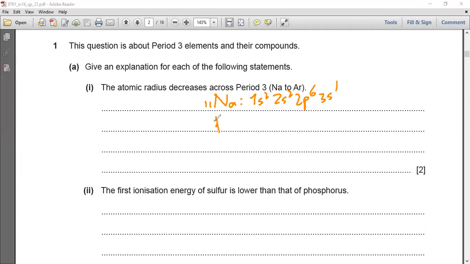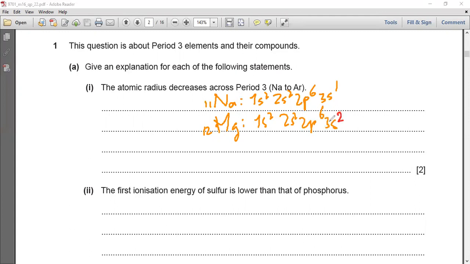Magnesium has 12 electrons, so there will be 1s2, 2s2, 2p6, and 3s2.